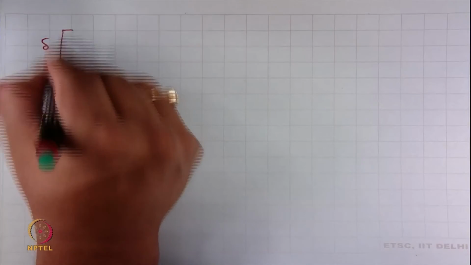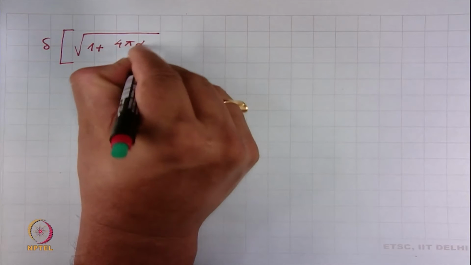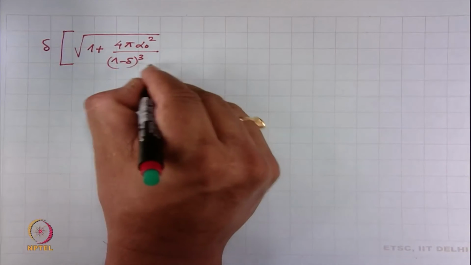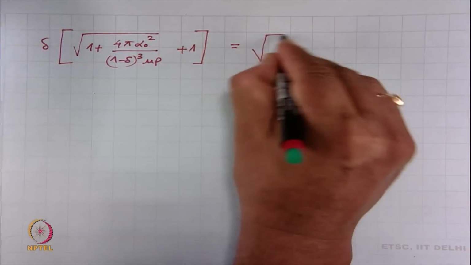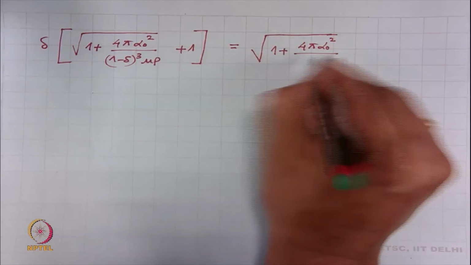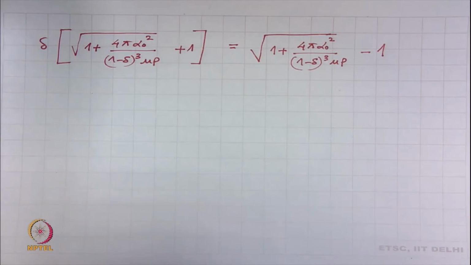Delta into 1 plus 4 pi is equal to minus 1. Right. Okay.